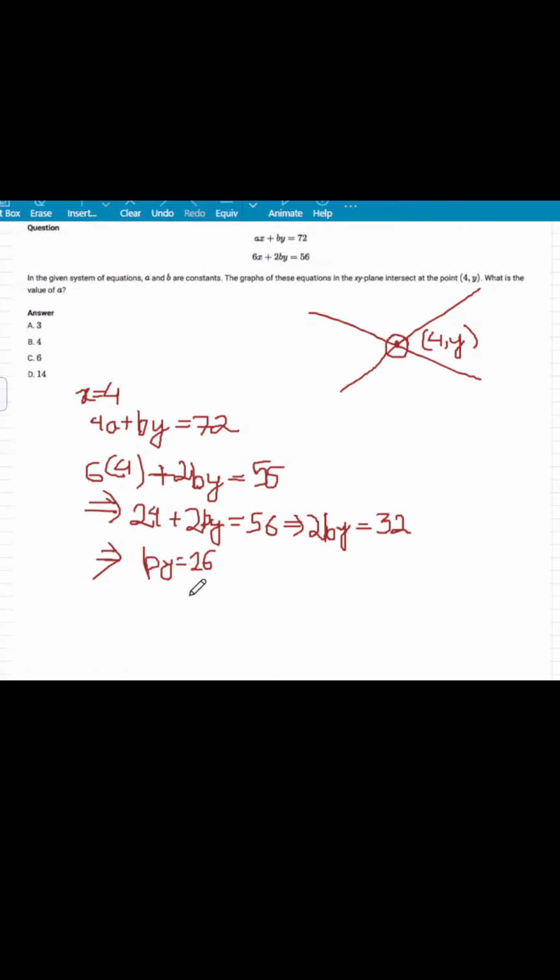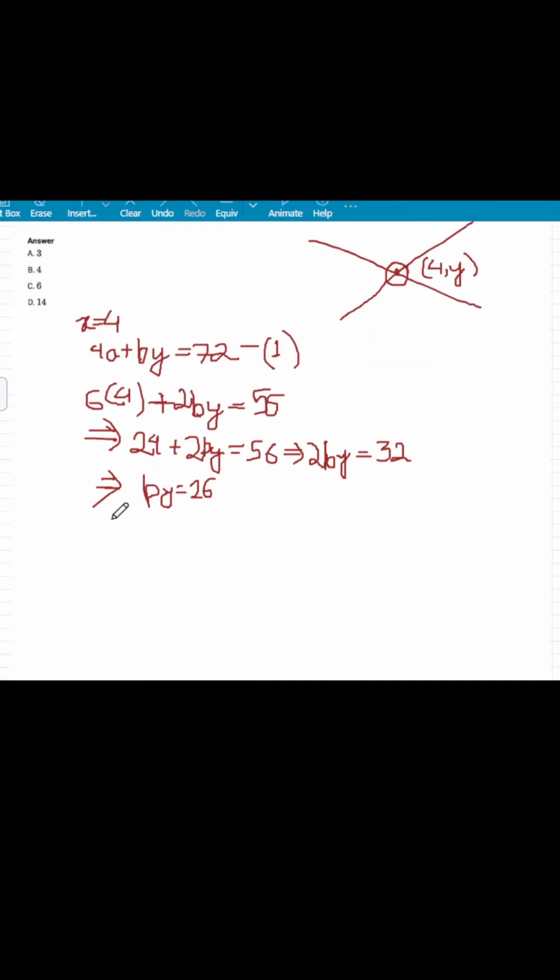So we got the final value of by, and we can replace this in the first equation that we got. Putting by is equal to 16 here, we get 4a plus 16, sorry, that was 16. So 4a plus 16 will then be equal to 72.